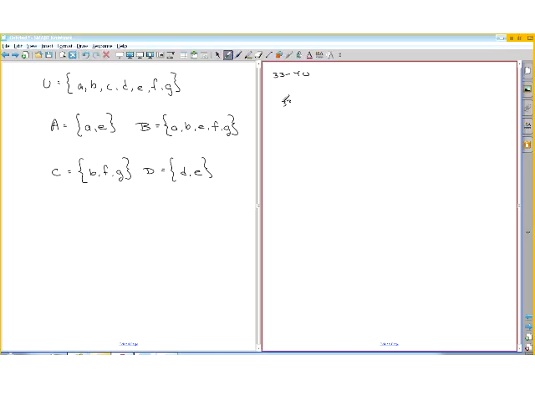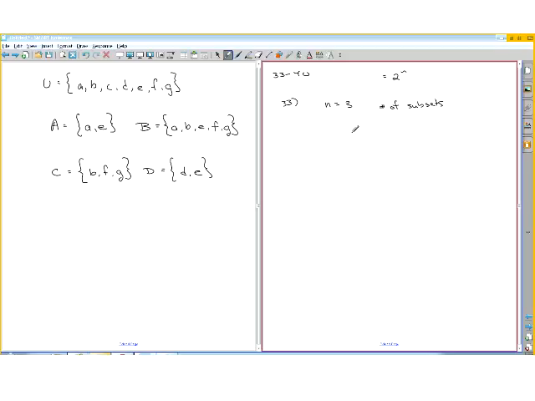So if we look at 33, there are exactly 6 subsets of C. We have C, where the number of elements n is 3. So the number of subsets is equal to 2 to the n.